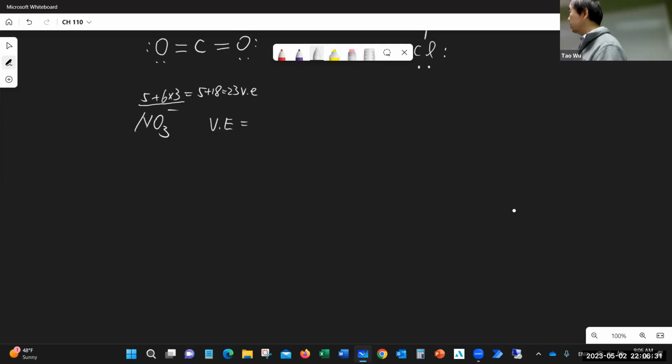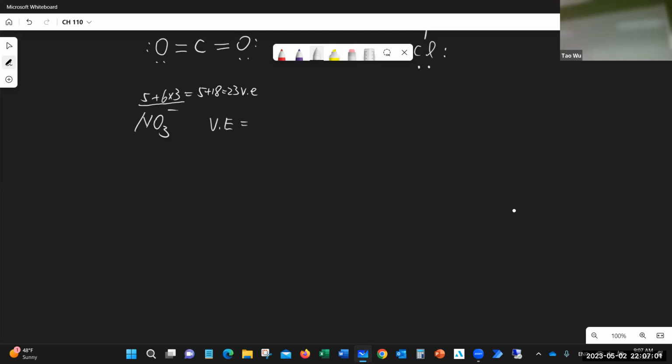But don't forget, look at here. What is this? This is a charge. Okay, so this has 23 valence electrons, and since it gained 1 electron, it becomes a -1 charge. So this charge is going to be included in the valence electrons we talked about here.